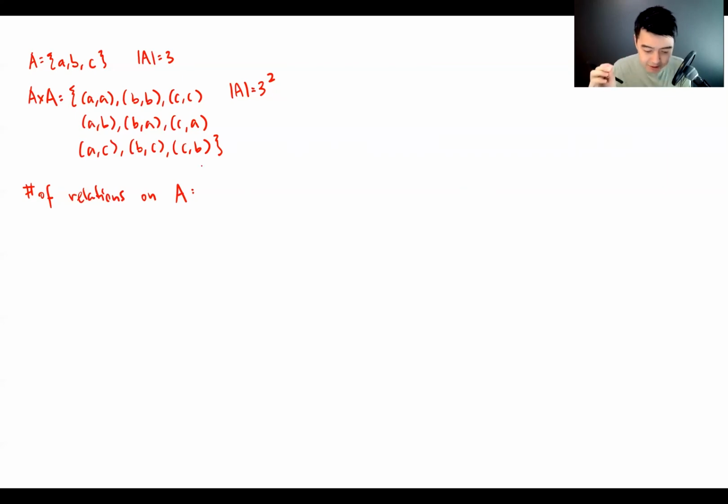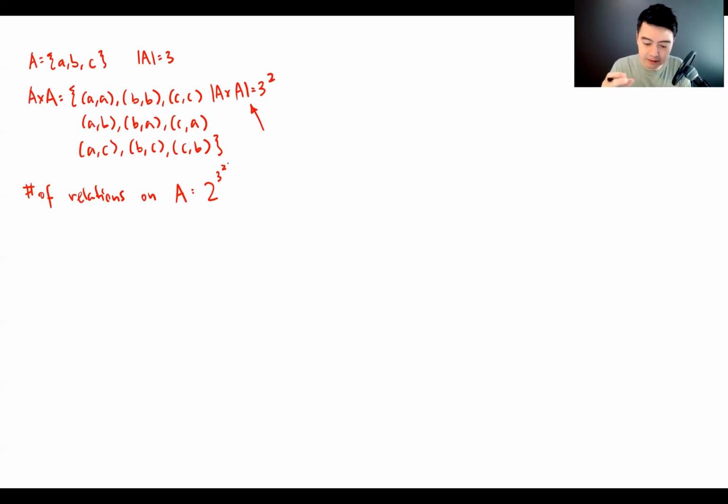It's any subset of A cross A. So how many subsets are there of A cross A? Well, I know the size of A cross A is 9, right? So what's the subset equation? It's 2 to the power of the size, right? So the answer here would be 2 to the 3 squared, 2 to the 9. Okay. Now, if you don't quite remember where the subset equation comes from, let me remind you.